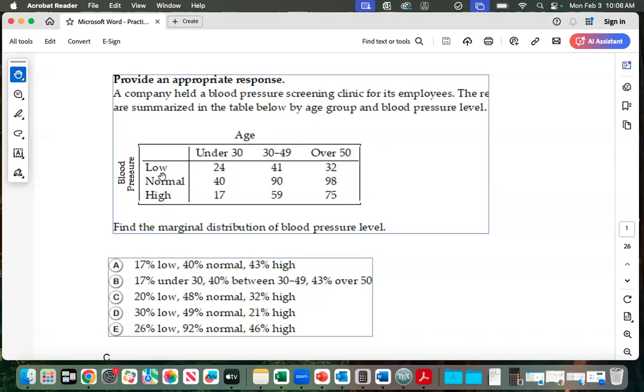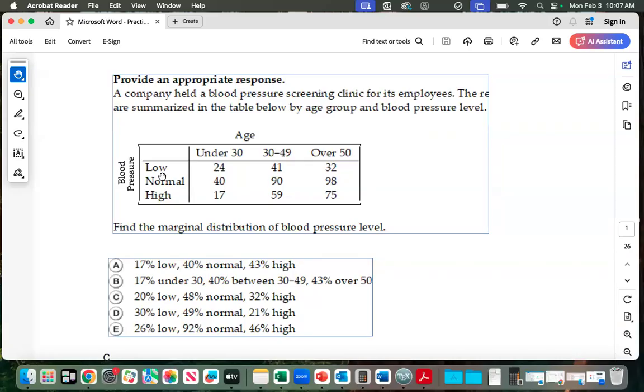So for low, we had a total of what? 97. So 97 divided by 476. What do you get? 0.20. So like 20%.